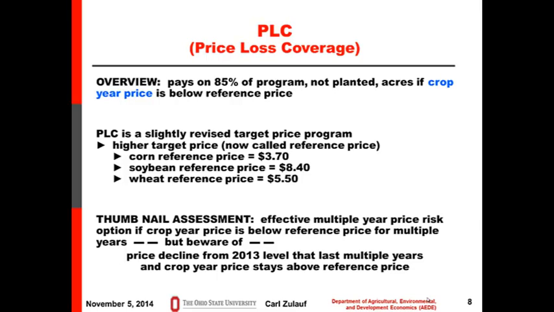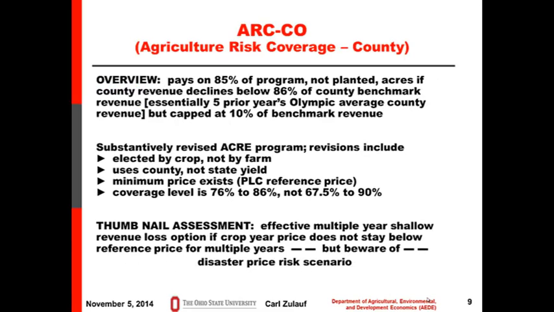I would suggest that multiple years of corn prices between $3.70 and $4 would cause some significant stress on some farms, and yet PLC would not help you with that multiple year shallow loss. So again, as with any risk management program, there's a risk for which that program is designed to help you with. There are other risks for which it doesn't necessarily help you, or it doesn't help you as much, because it's not designed for those risks.